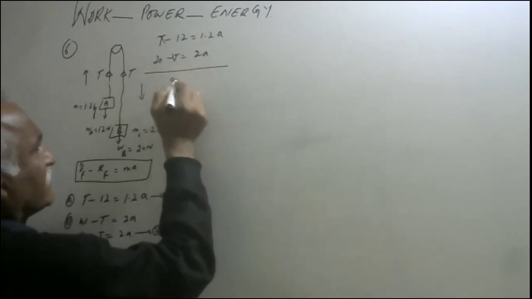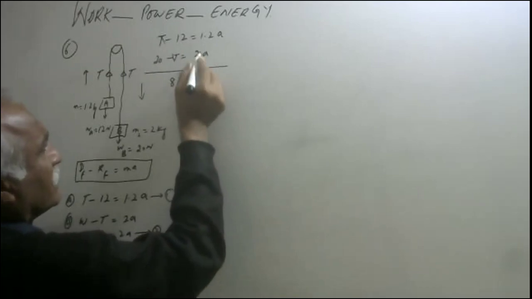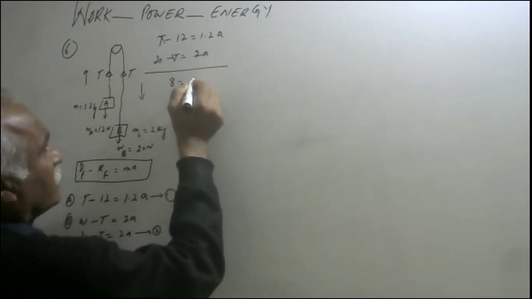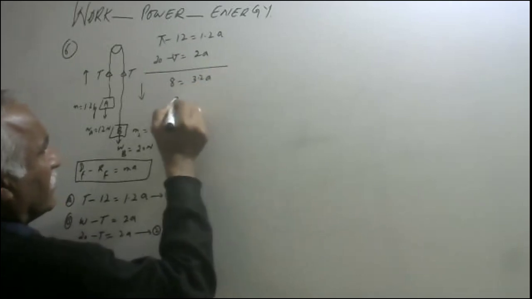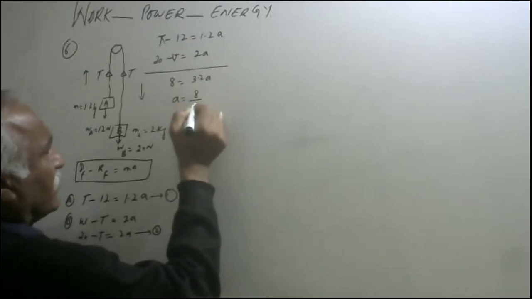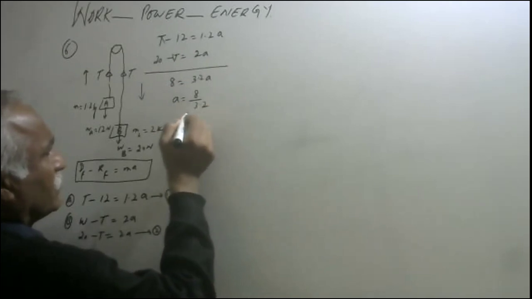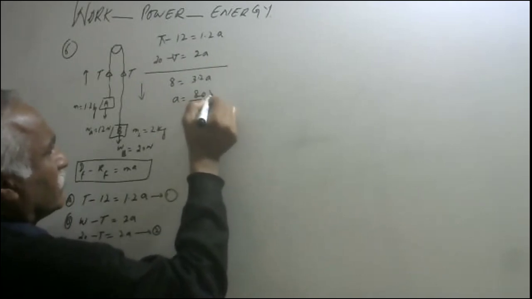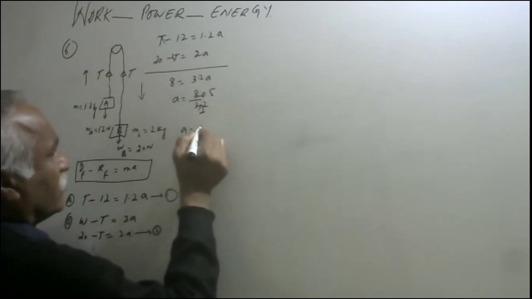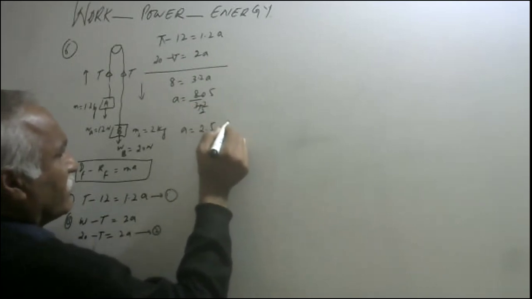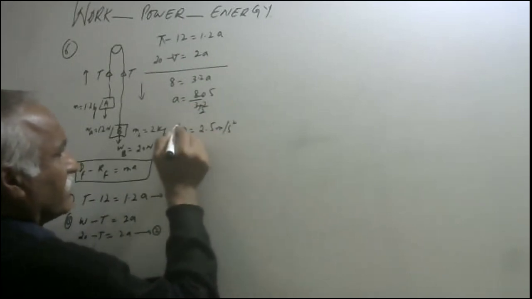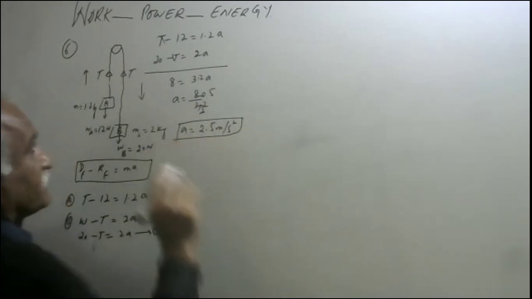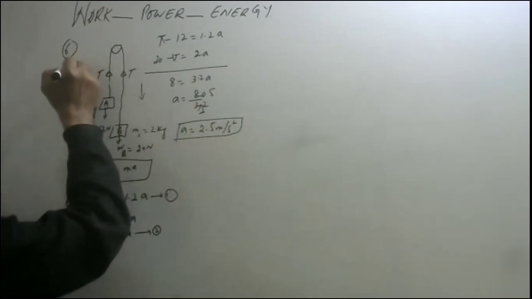So 20 minus 12 is 8 and 2 plus 1.2 becomes 3.2a, so a is equal to 8 over 3.2. So the value of a is equal to 2.5 meters per second squared. This is the first part.